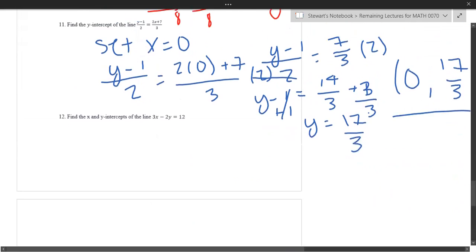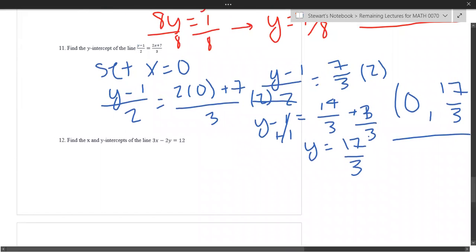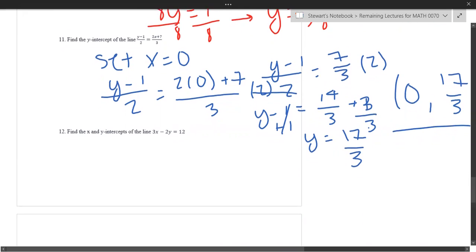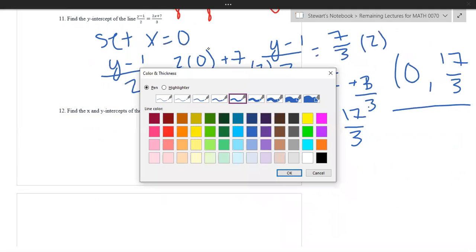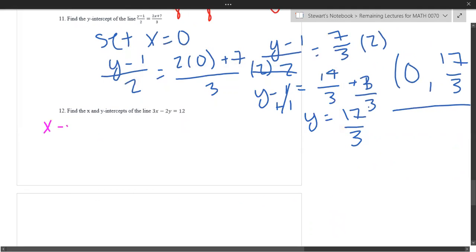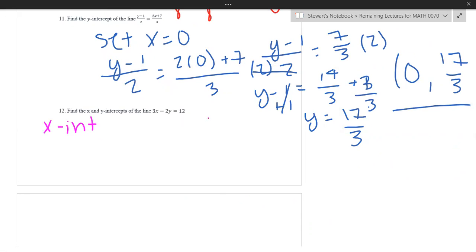Okay, so for the last three, we just have to find x and y intercepts, which essentially means to plug in 0 for the other one. So here's the x-intercept, here's the y-intercept.